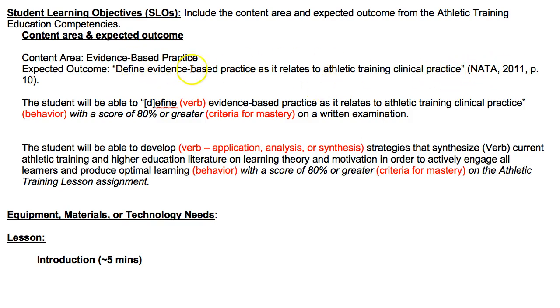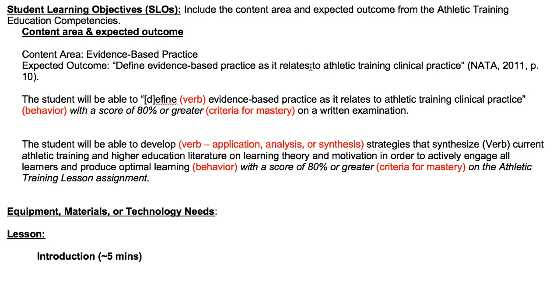So we're doing define evidence-based practice as it relates to athletic training clinical practice. And then from there, we're going to write a specific student learning objective, or SOLO, based on the expected outcome, because this doesn't have all the items that I want in a SOLO.